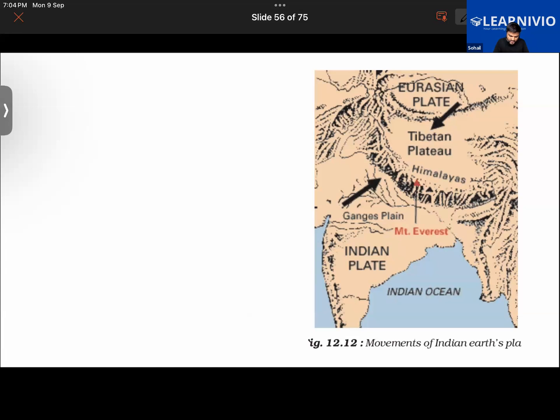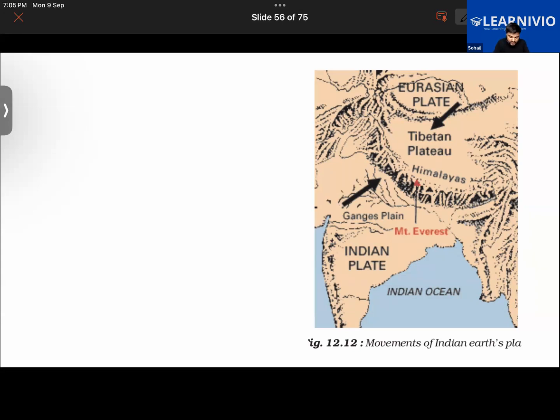Now talking about the case of India. There are some places in India which are more likely to be hit by earthquakes. Particularly the northern part and the northeast part of India. States like Assam, Manipur, Mizoram, Meghalaya, Nagaland, and Tripura are more likely to be hit by earthquakes. Furthermore, Jammu and Kashmir, and then Gujarat, are also more likely to be hit.